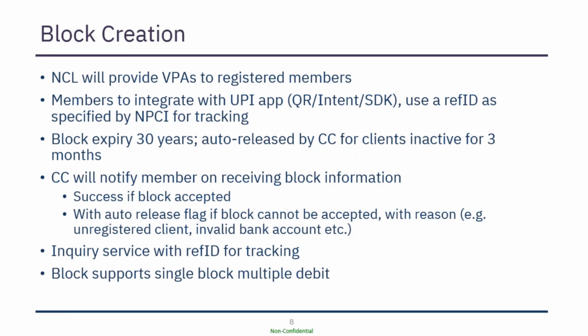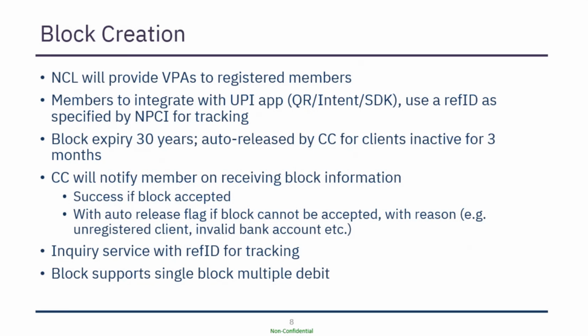If the block cannot be accepted, so for example, the client creates a block from an account that is not registered in the UCC system and is not verified. So suppose I have registered account A in the UCC, which is verified, but I create a block through account B, then based on the IFSC and account number, the CC will check against the registered accounts, and if it is not tallying, then CC will release the block.